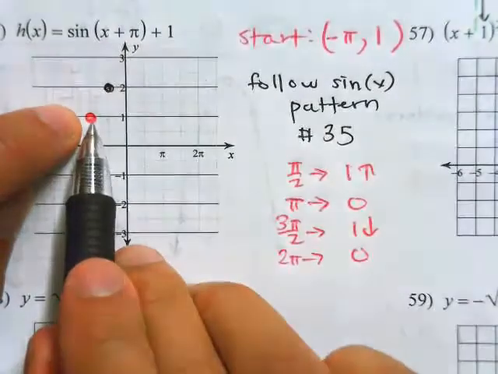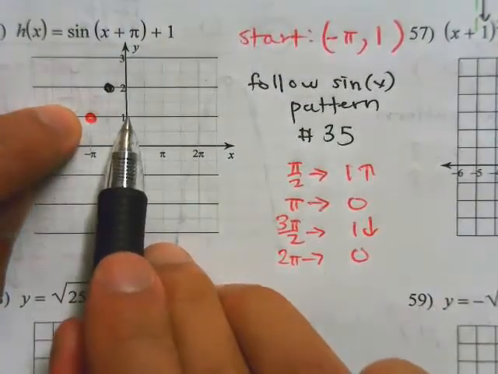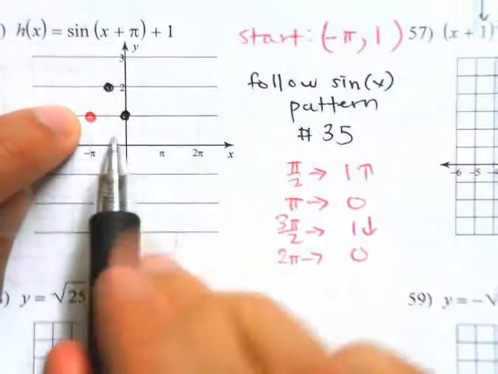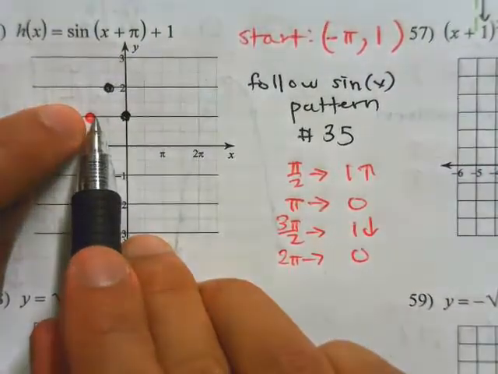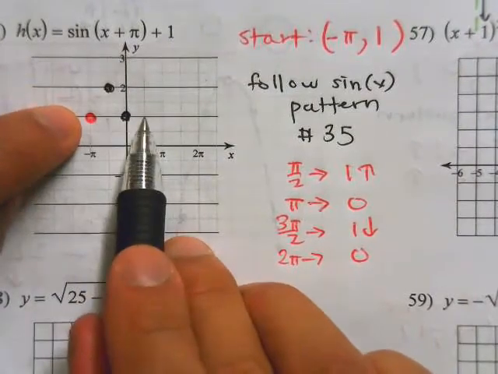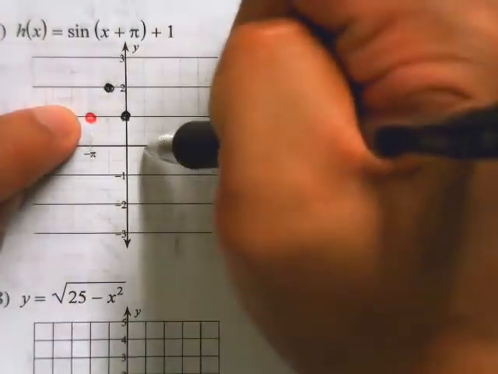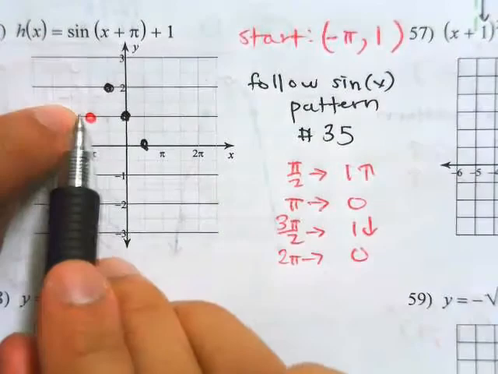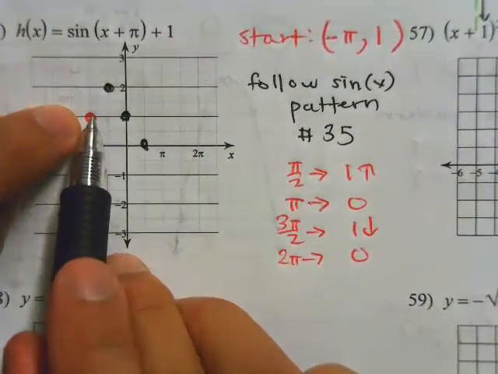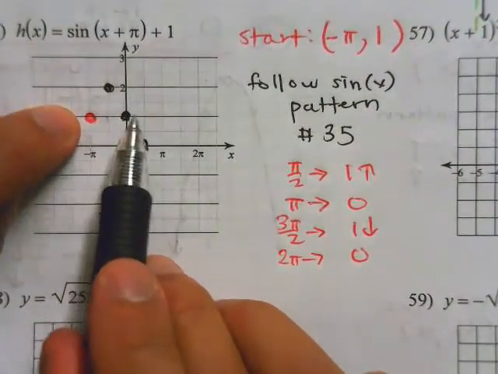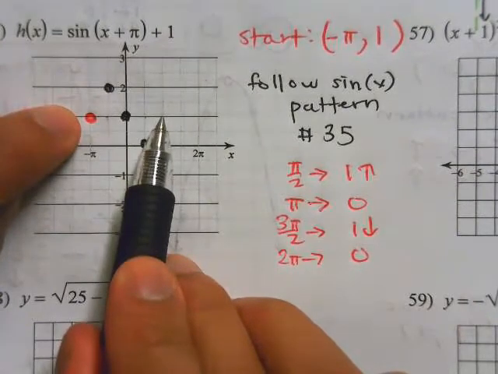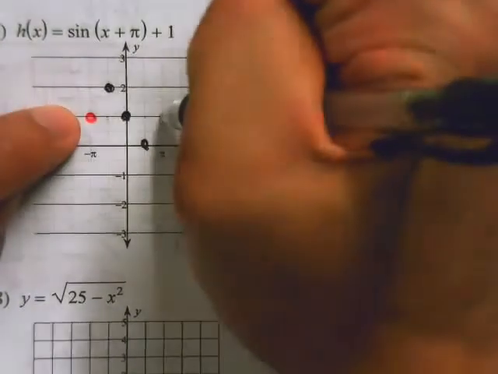Go back to the starting point, then you go pi, and then back to 0, so right over here. So no movement. Then you go 3 pi over 2, which is this part over here. Then you go 1 down from the starting point, go back to your starting point, then go 2 pi. So 1, 2, 3, 4, and that's 2 pi still the length. And then back to 0 like that.